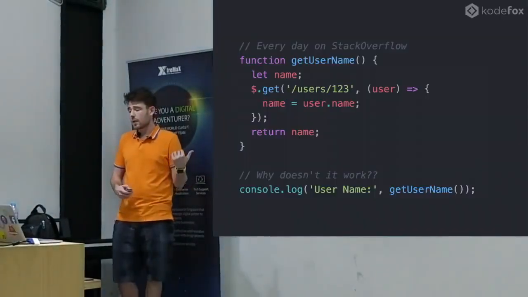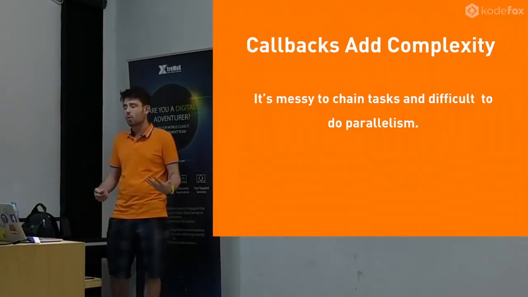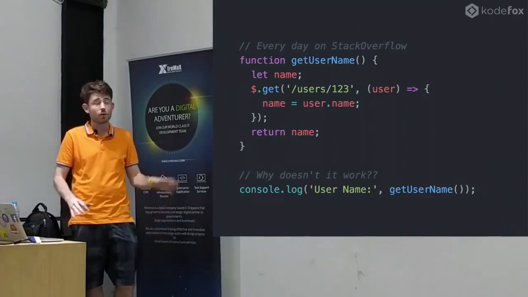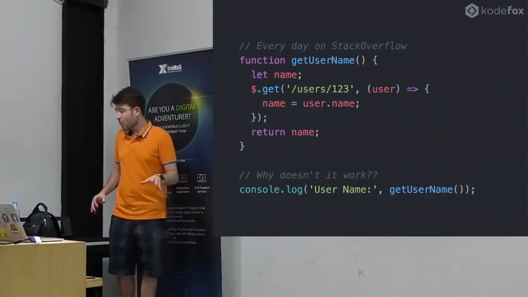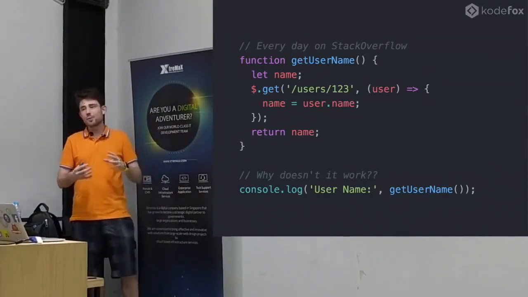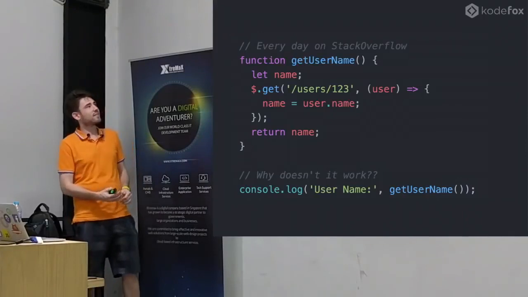This is an example of the first one, giving up the constructs that programmers are familiar with. This is your typical example. Every day on Stack Overflow, somebody asks, what's wrong with this code? Can anybody see why this code will not do what the programmer expects?